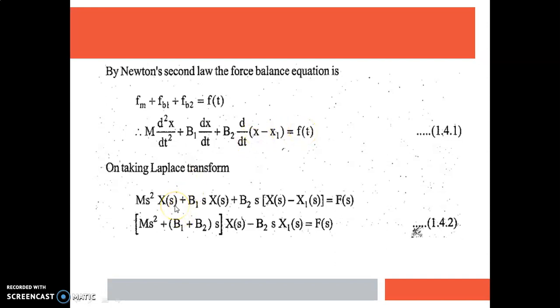So you can take x of s as common outside: m s square plus b1 plus b2 into s into x of s. With x1 of s, we have only this term, b2s into x1 of s. So minus b2s into x1 of s is equal to f of s. So now we are getting an equation like this.